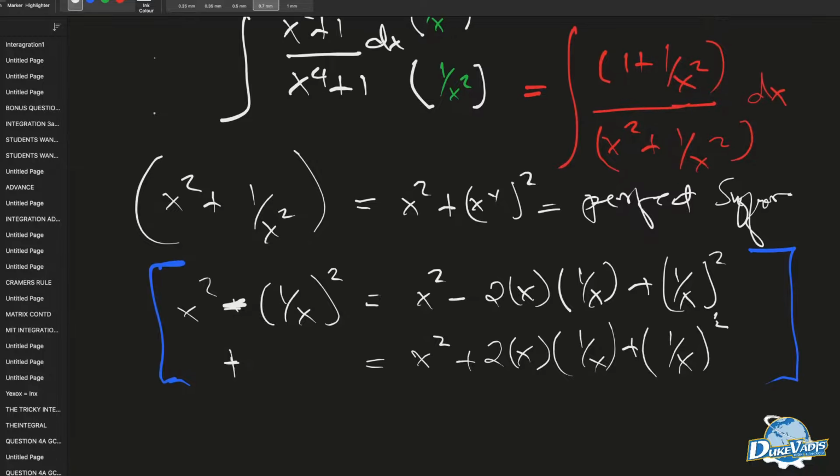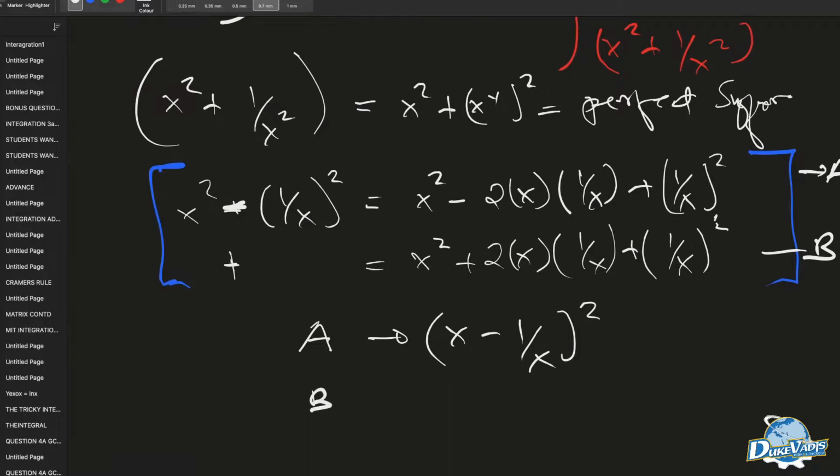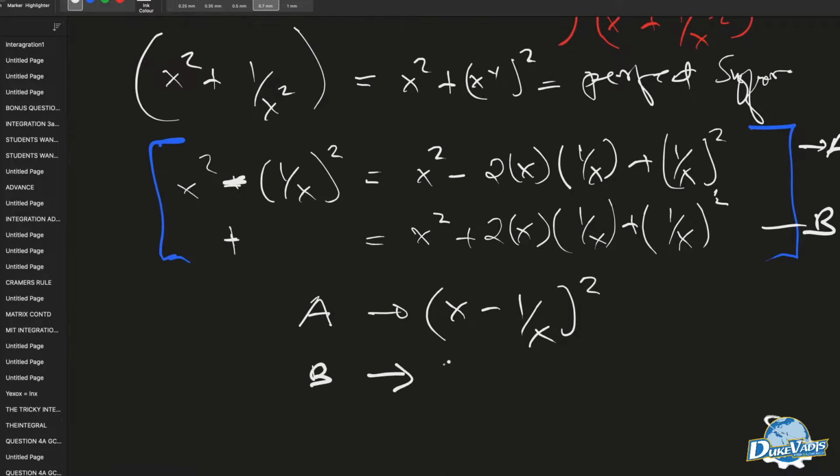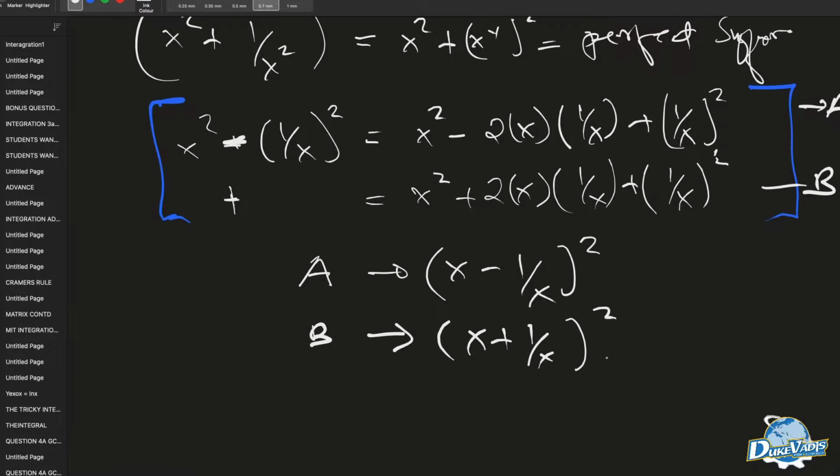Now, if I call this one A and this one B, then A will be x minus 1 over x all squared, and B will be x plus 1 over x all squared.